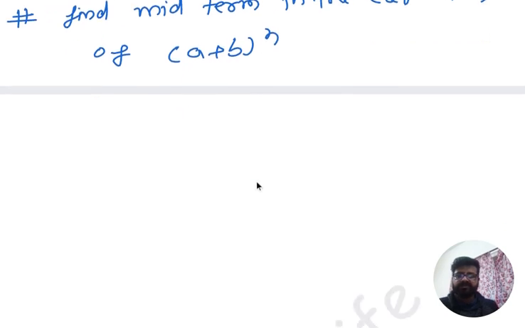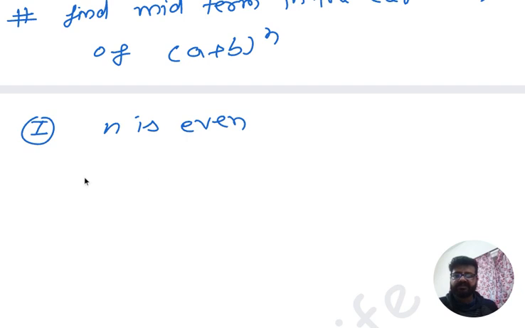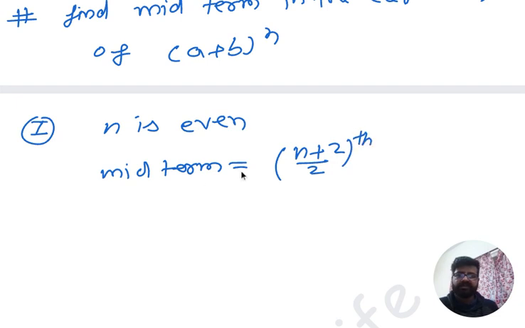So there will be two conditions, and the first is when n is even. If n is even, then the midterm will be the (n plus 2) by 2 th term. This will be the midterm.